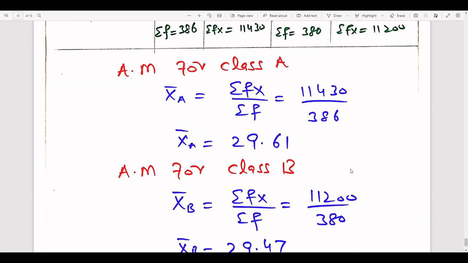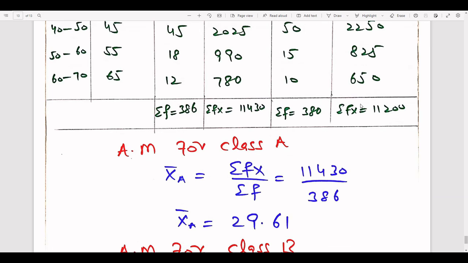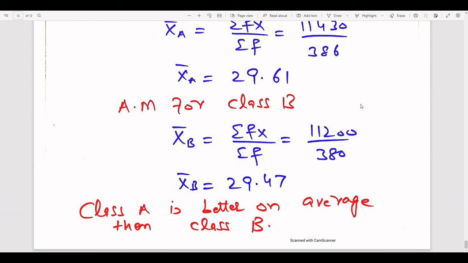Arithmetic mean for class A, x bar A, is equal to sum of f of x over sum of f. Sum of f of x is equal to 11430 and sum of f is 386. X bar is equal to 29.61. Arithmetic mean for class B, x bar B, is sum of f of x over sum of f, 11200 over 380.